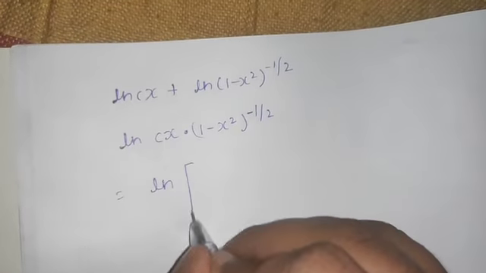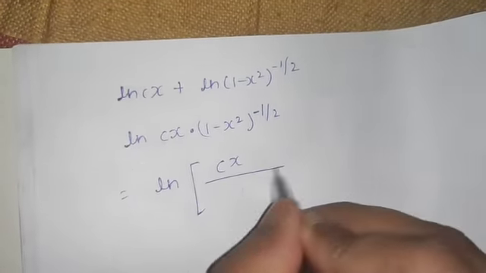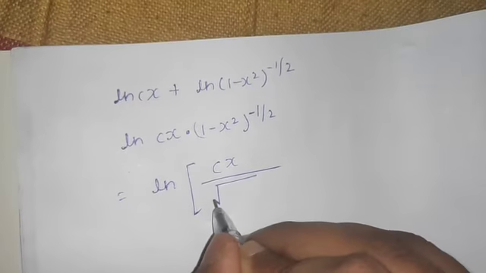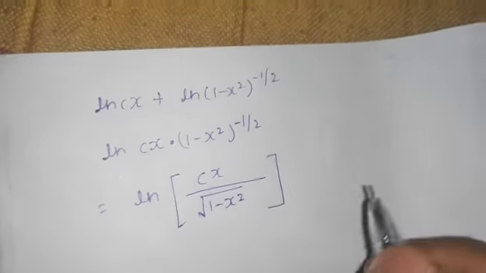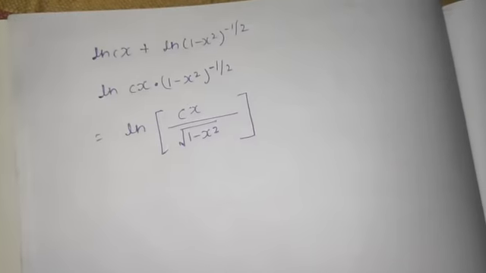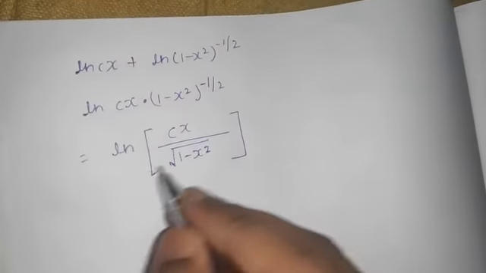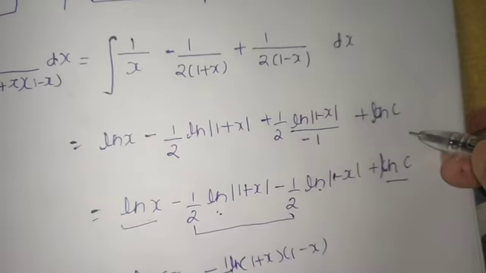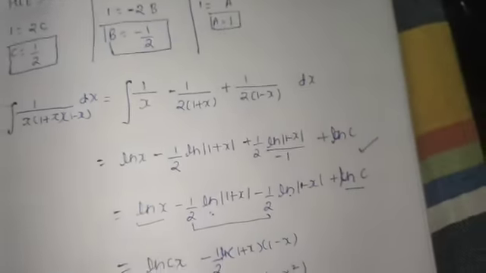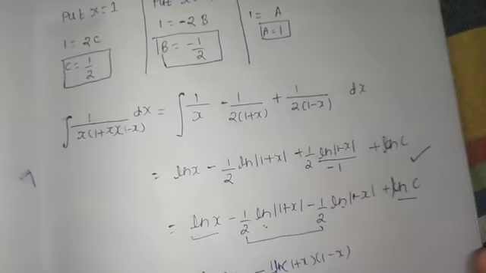If you want this as a final answer, then you would have given this as a final answer. Otherwise you could have left it till here also, no problem. Instead of ln c, you could have written c also.